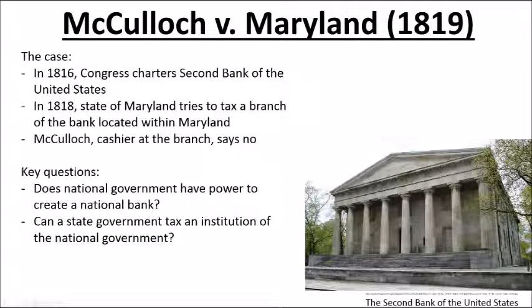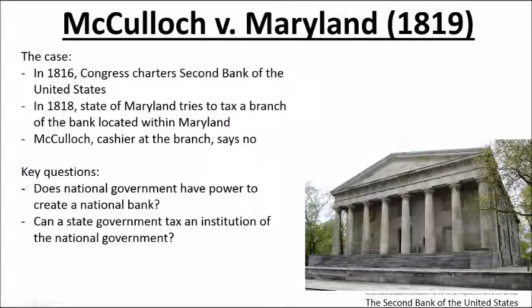A couple years after the Second Bank of the United States was created, there was a branch of it in Maryland, in Baltimore. The state of Maryland had a policy that they taxed banks within the state. So this was a state government issuing the tax.